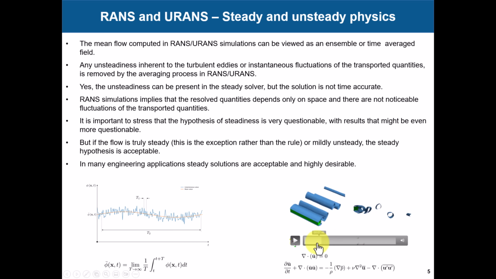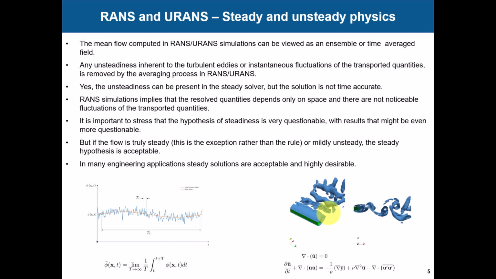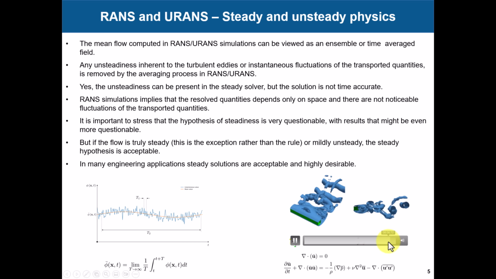Just to look again, look at the URANS-like behavior. This is what you expect for a pure URANS. It doesn't matter which URANS you use. Some of them might give you something a little bit better, but this behavior you are not going to get with URANS. Some people have reported that kind of result. Honestly, a little bit questionable. I don't believe in that, but it can happen. Who knows?